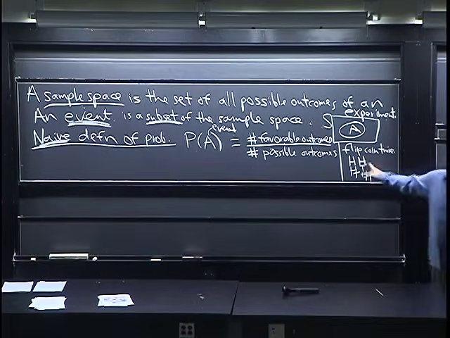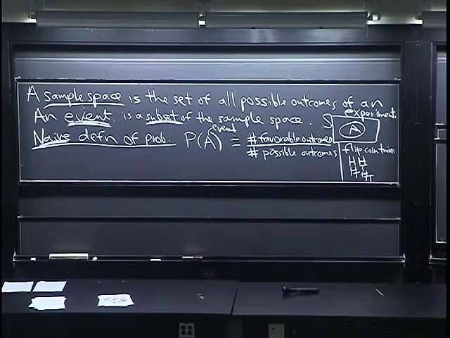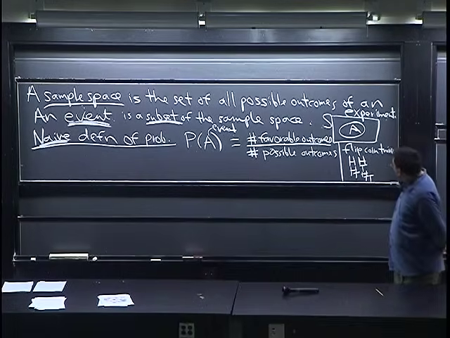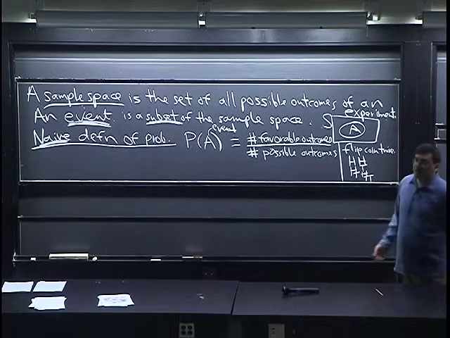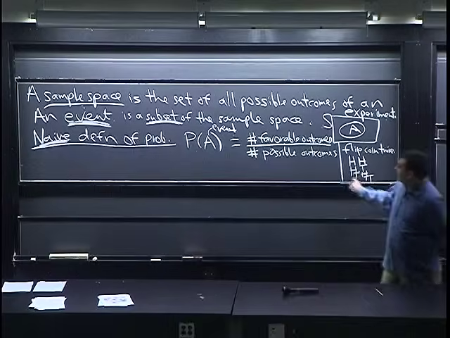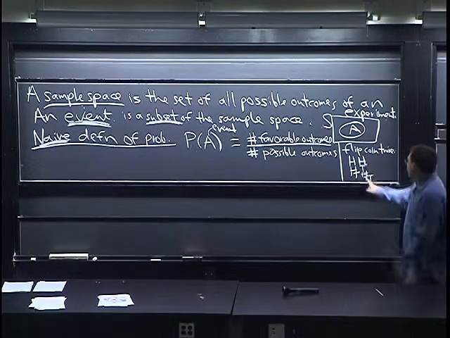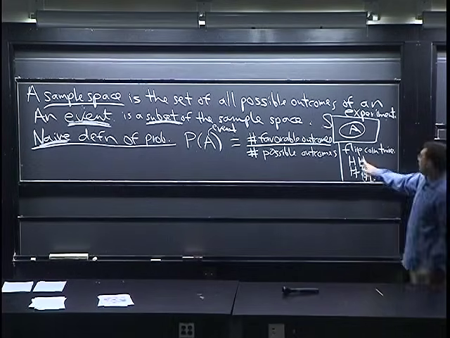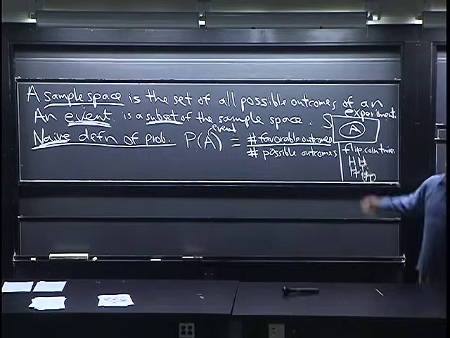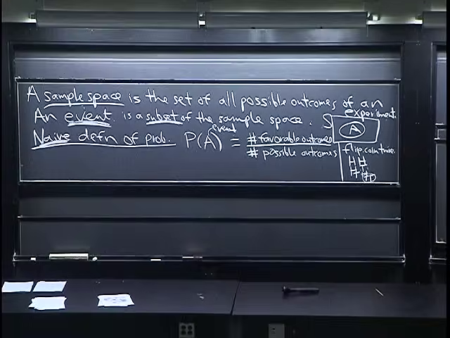So we have these 4 different outcomes. Now, suppose we want to know the probability that both tosses are tails. Then according to this, it would be 1/4, because there's one favorable outcome out of 4. That's it.